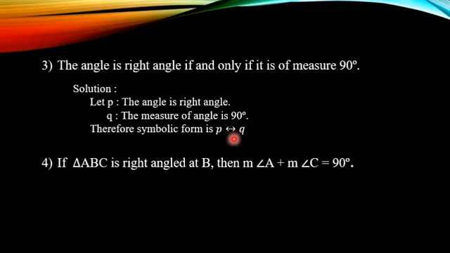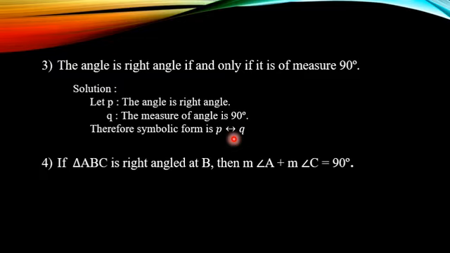Next, question number 4. If triangle ABC is right angled at B, then measure of angle A plus measure of angle C is equal to 90 degree. In this compound statement, two simple statements are connected by if then. So the name of this compound statement is conditional.